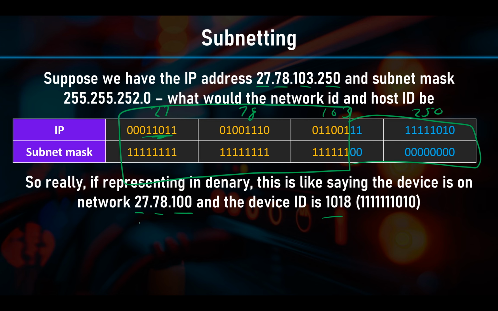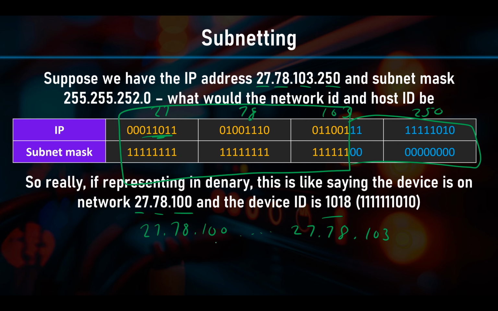But if we're using 22 bits for the network ID, then actually what's going to happen, let's say not the network ID, let's say the network range that we would own, is going to be 27.78.100, and I think maybe 103 might be the maximum.